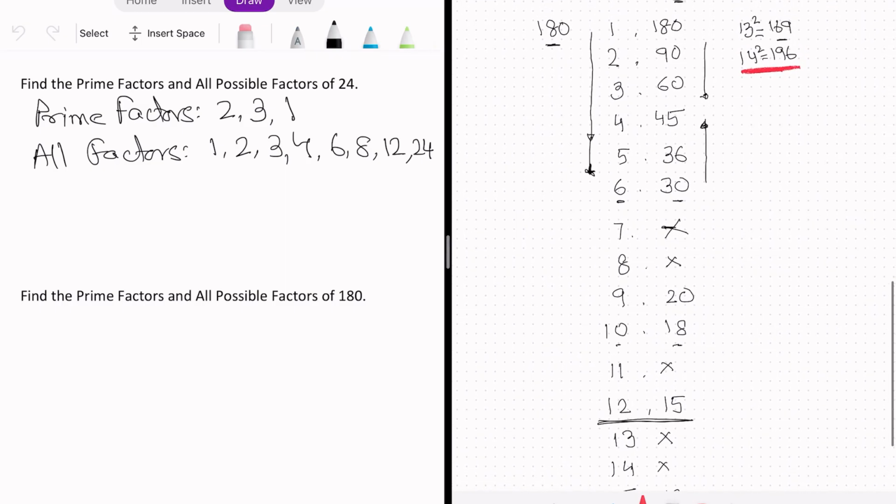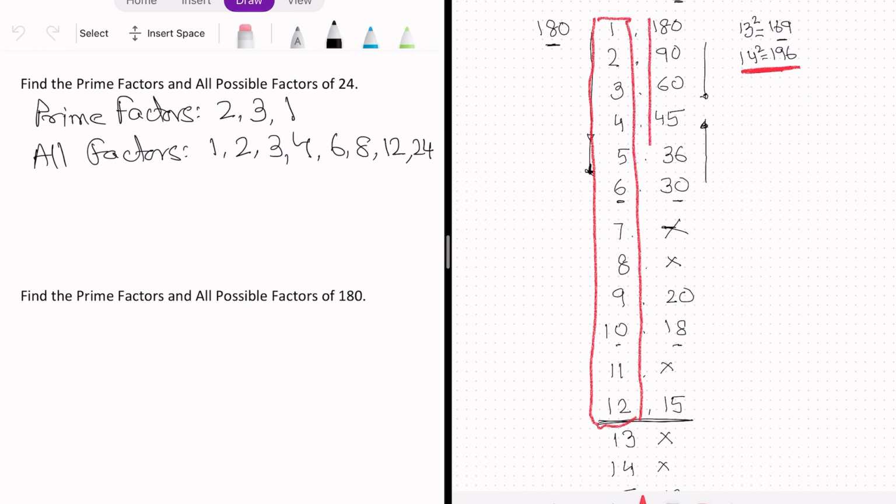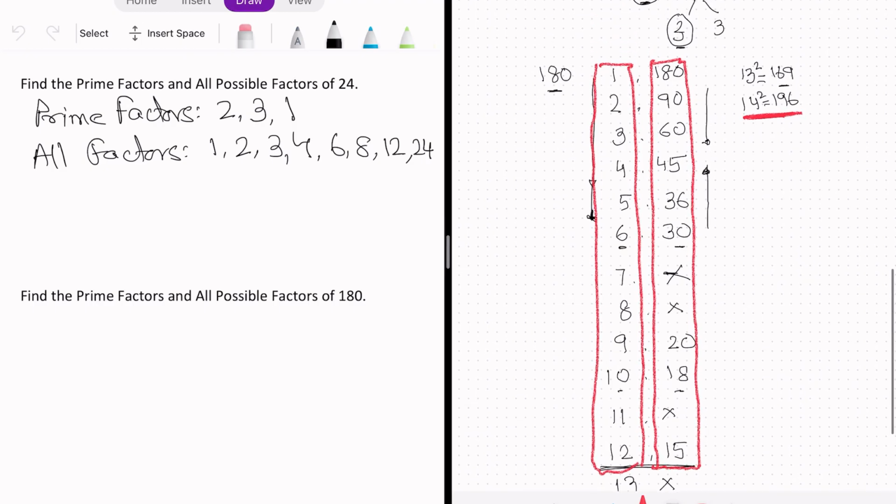It's all the numbers on this side and all the numbers on this side. So just to summarize, to find all the factors, we have to break it down into two columns. The first column, we start with 1 and we go number by number.